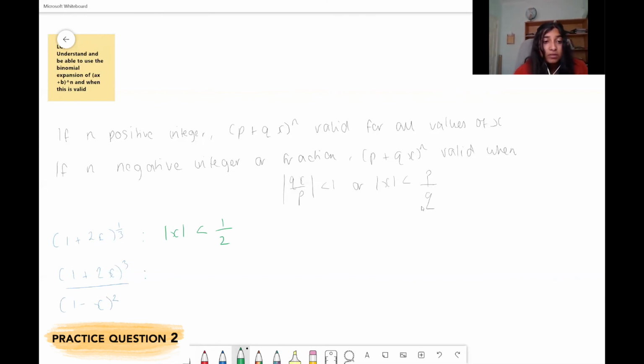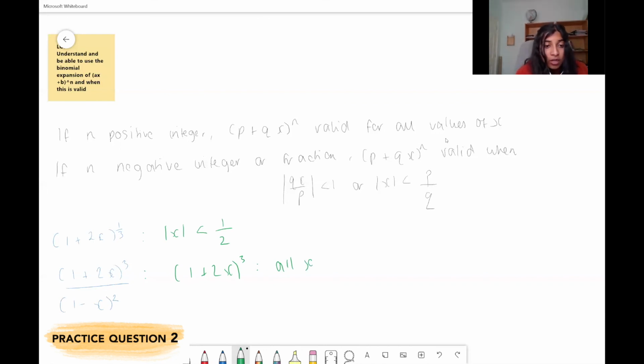And then for this one, you have a fraction. So if you have a fraction with 2 separate binomial expansions, you do it separately. You work out where it's valid separately, and then you work out the values that are common to both. So for the first, for 1 plus 2x to the power of 3, because 3 is a positive integer, that's just valid for all values of x.